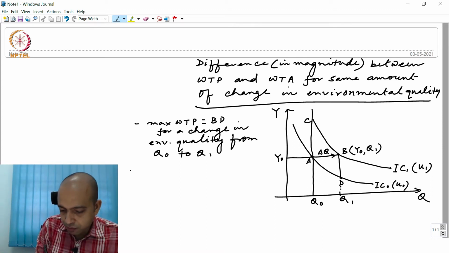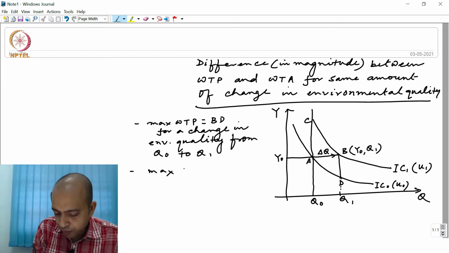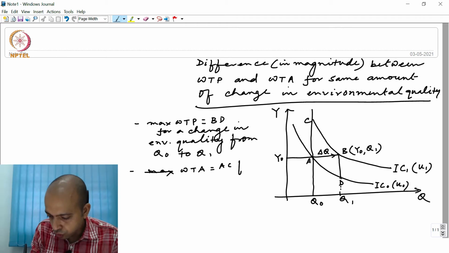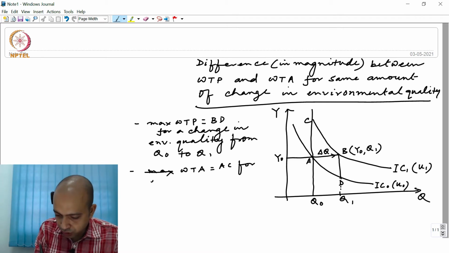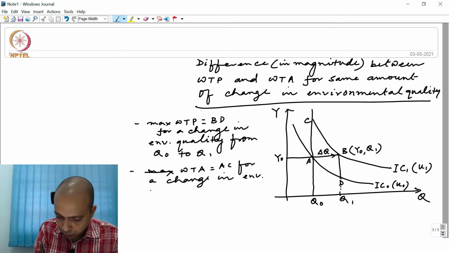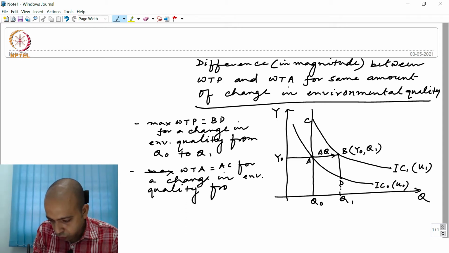So that means maximum willingness to accept, or there is no limit for willingness to accept, this is actually minimum willingness to accept equals to AC amount for a change in environmental quality from Q1 to Q0.